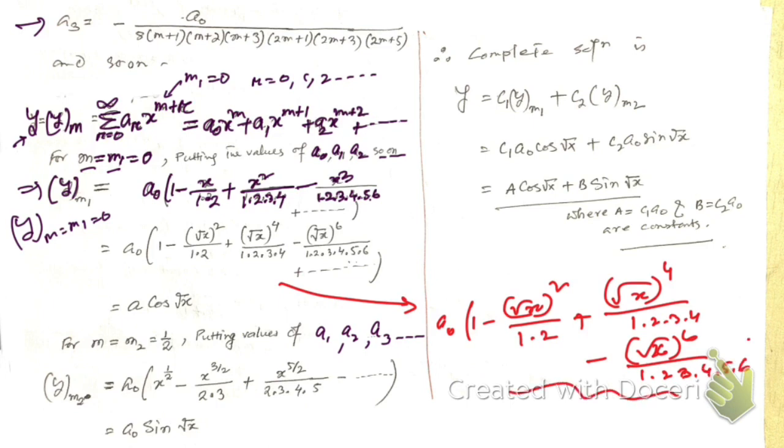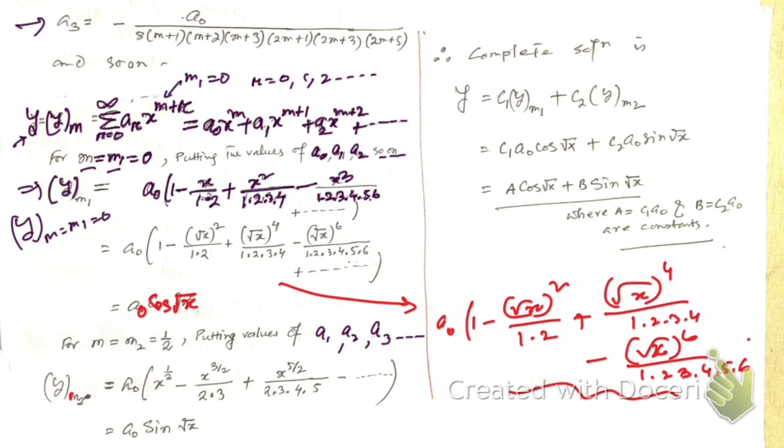And this series is given by cos root x. This is the series of cos root x, okay? So we have got a0 cos root x, one solution.